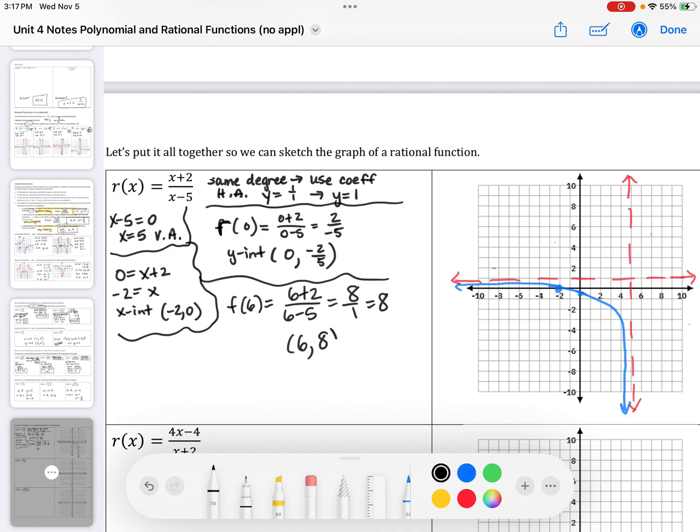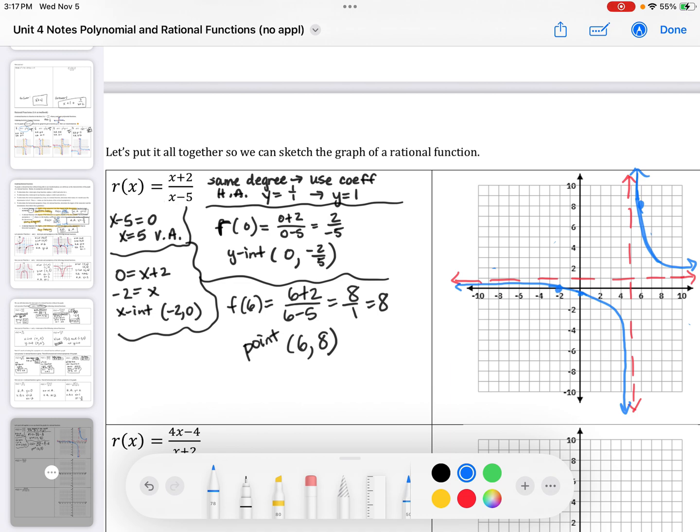So when x is 6, the output or the y value is 8. So this created another coordinate point for us. So onto our grid, we're going to plot that coordinate point at 6, 8. And now we know our other branch goes into this section.